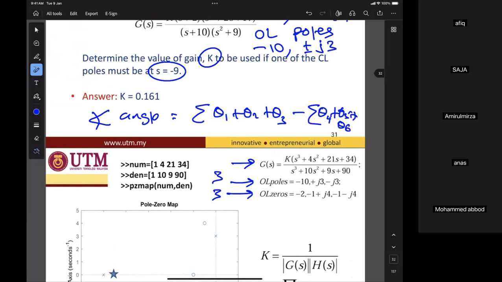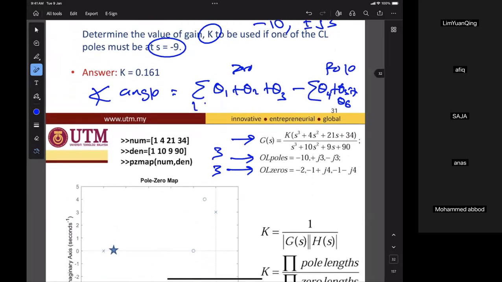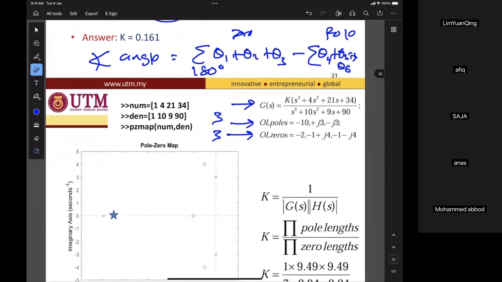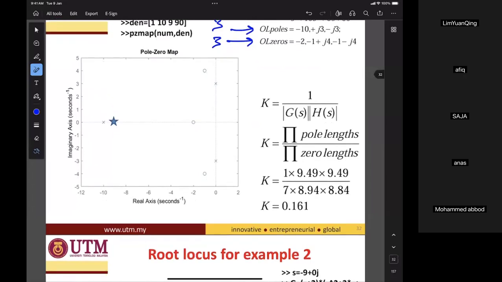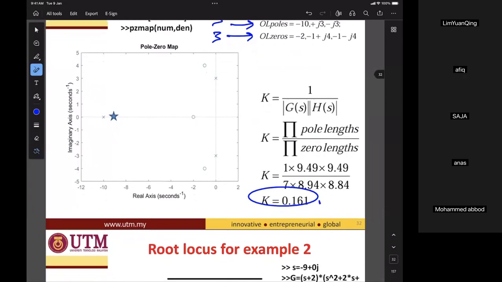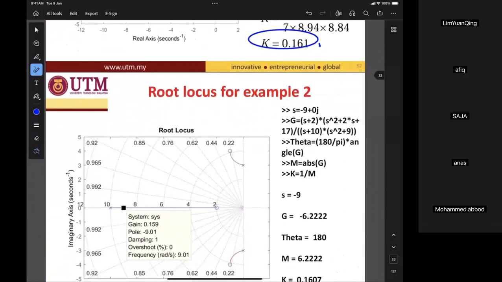This one is because of the zero and this one is because of the pole. And it is 180 degrees, confirmed. And the gain is 0.61.